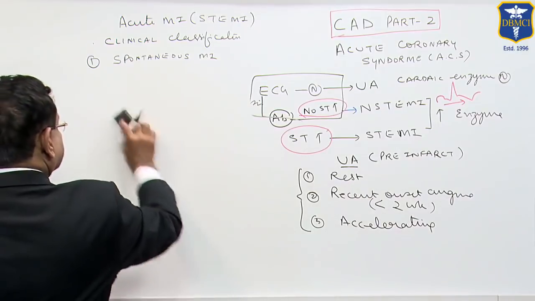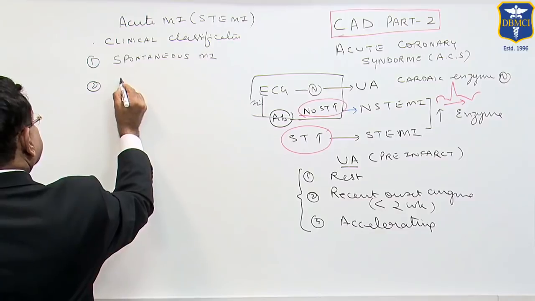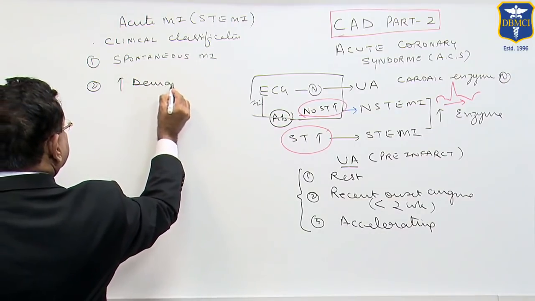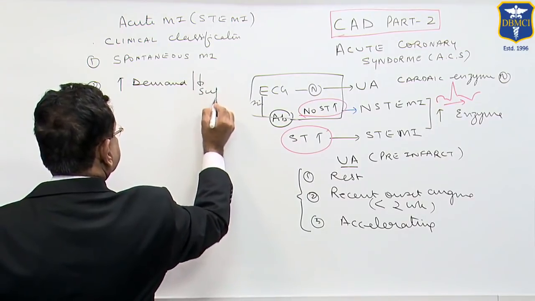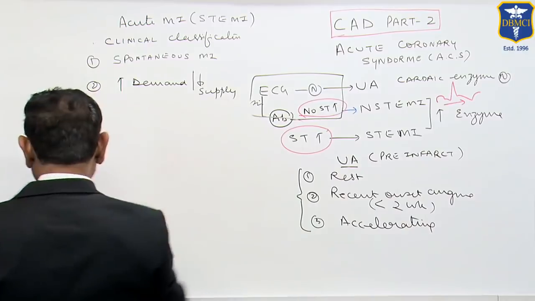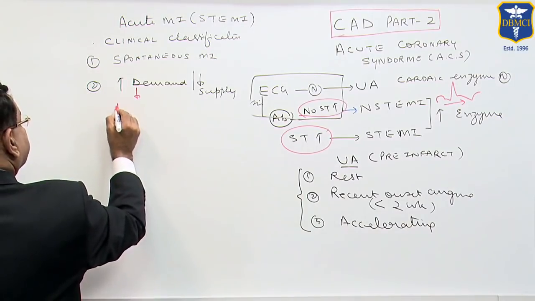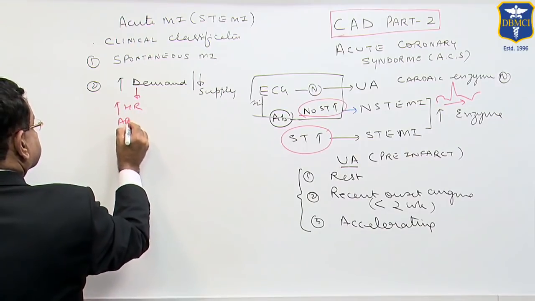Class 2 MI, where there is a sudden increase in oxygen demand or decreased supply. Increased demand is classically seen in any cause of tachycardia or arrhythmias.